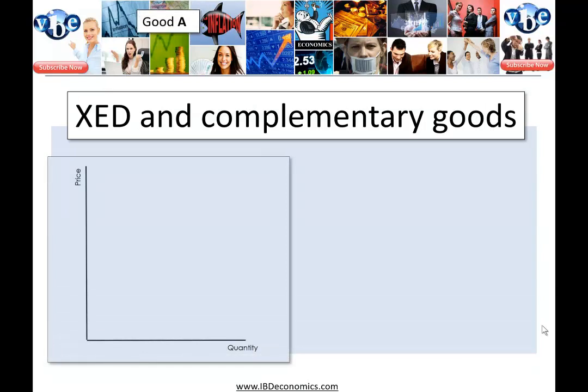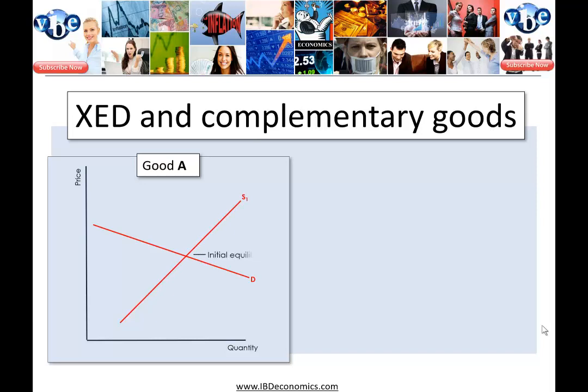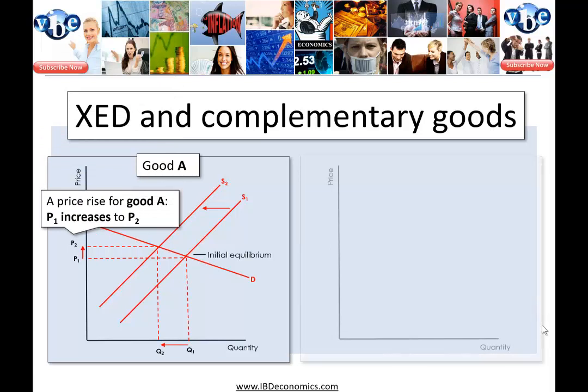Okay, let's have a look at cross-elasticity of demand and complementary goods. Good A, the initial equilibrium, determines the price and the quantity. A decrease in supply will increase the price. What effect will this have on a complementary good, good B?